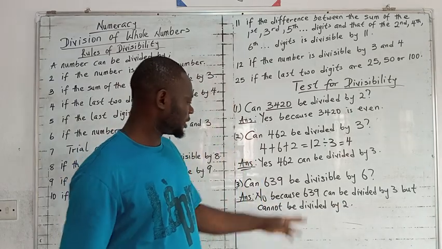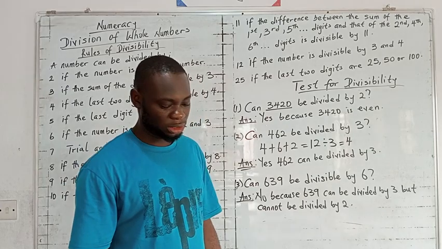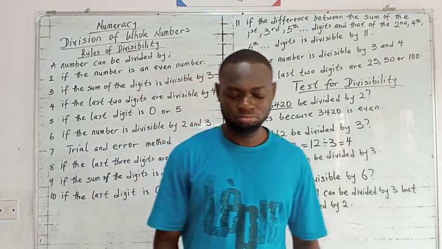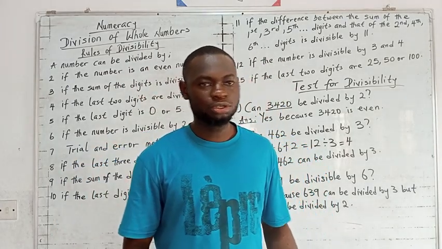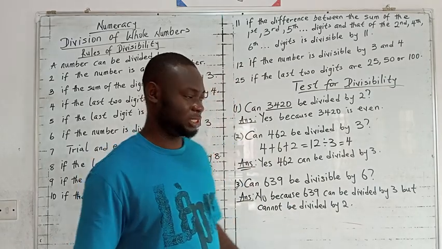Okay? Since 3 can divide it and 2 cannot divide it, then 6 cannot divide it. So you see how we test for these divisibilities.